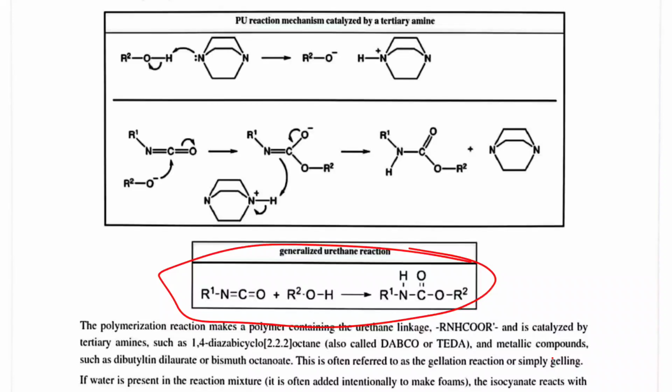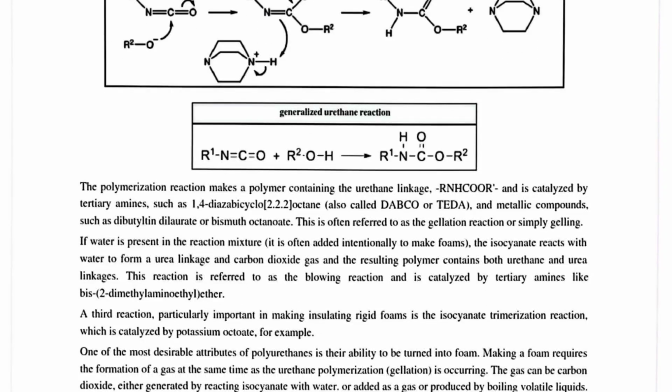Hence this functional group is regenerated in the main structure of polyurethane. This is the generalized mechanism of polyurethane formation.